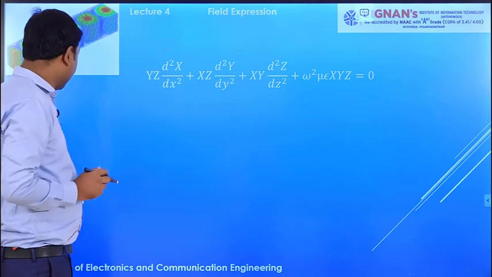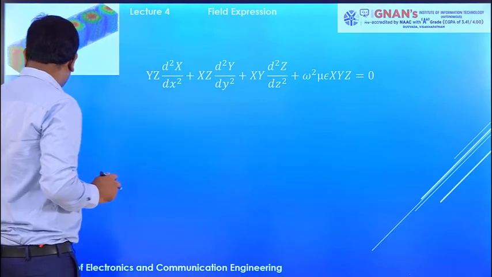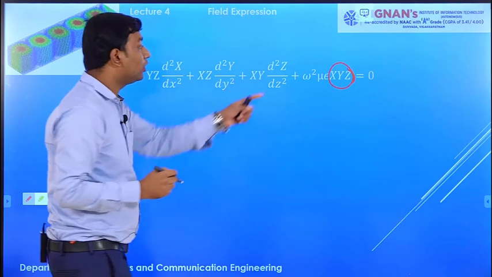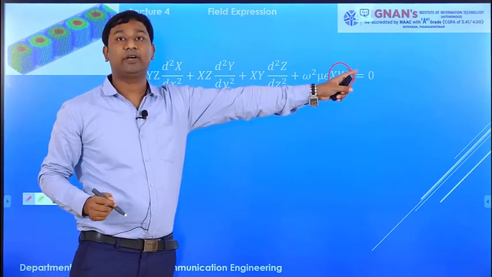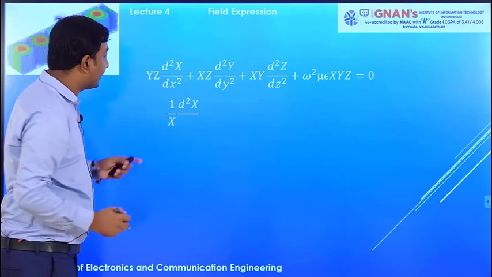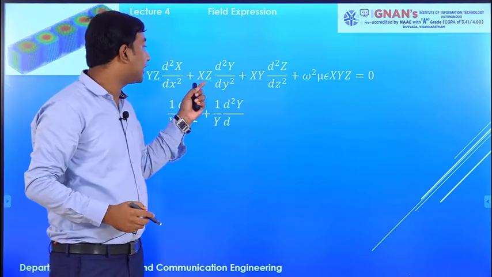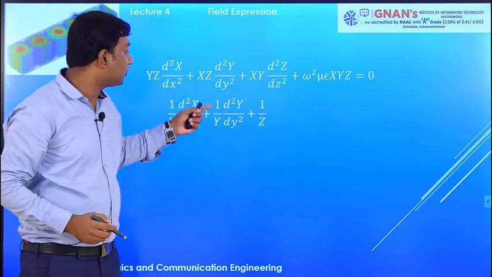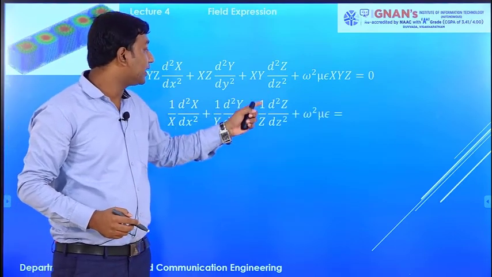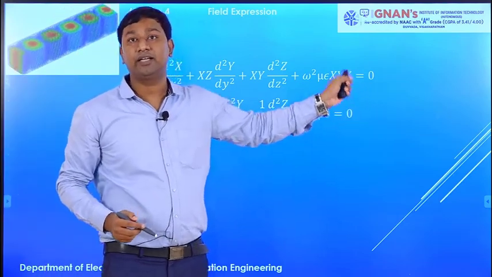Now if the whole equation is divided by XYZ, then what will happen? If YZ is divided by XYZ, it will come 1 by X, d2X by dx2. If XZ is divided by XYZ, it will come 1 by Y, d2Y by dy square, plus 1 by Z, d square Z by dz square, plus omega square mu epsilon equal to 0.